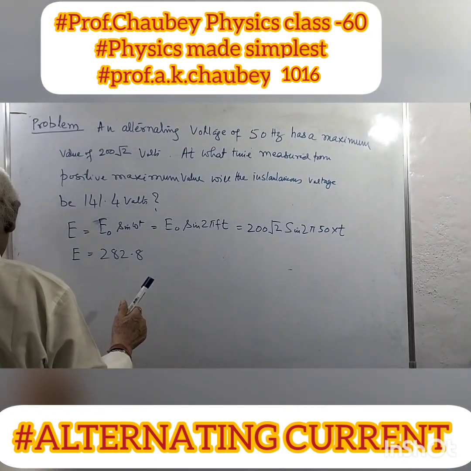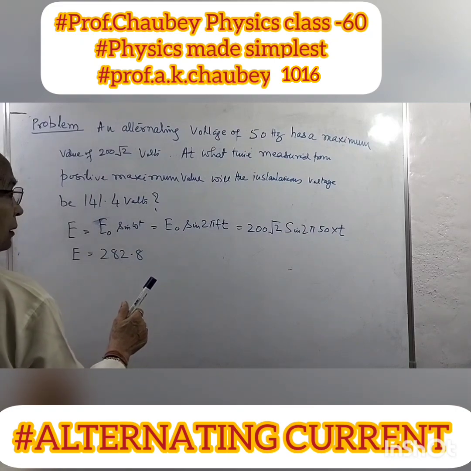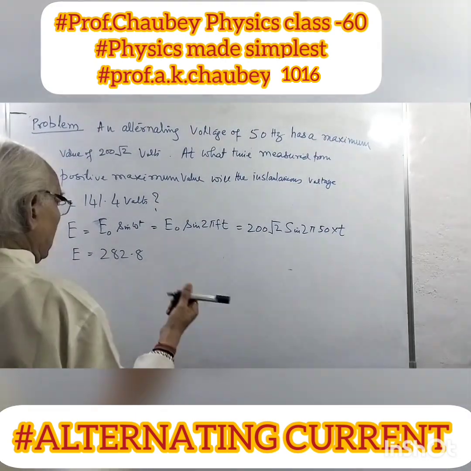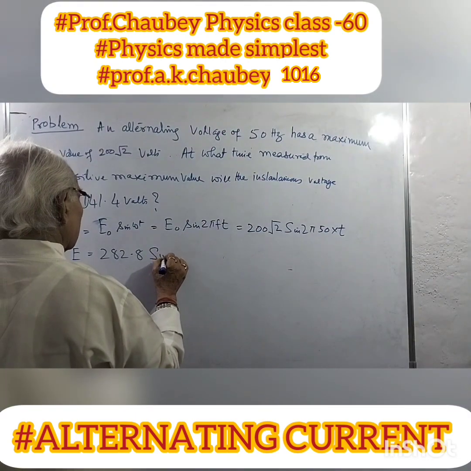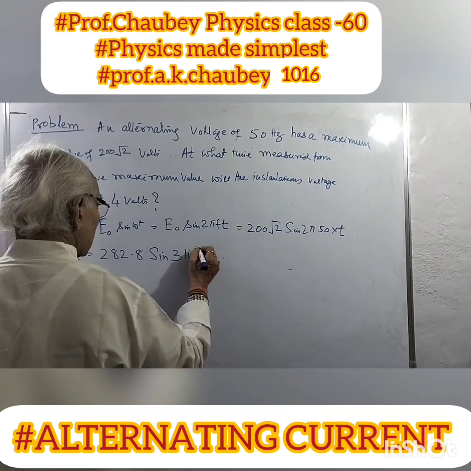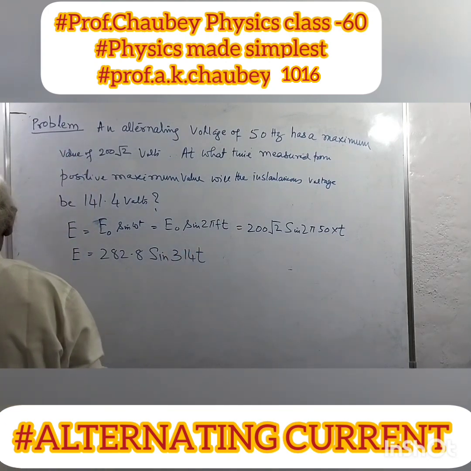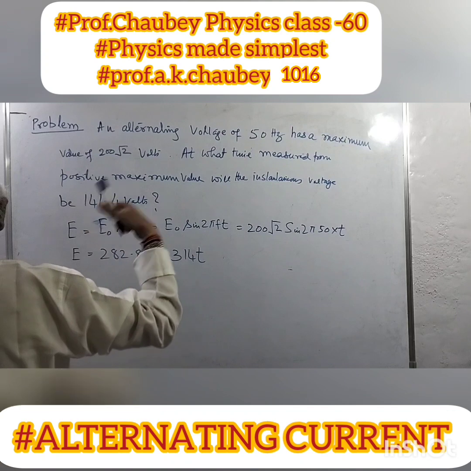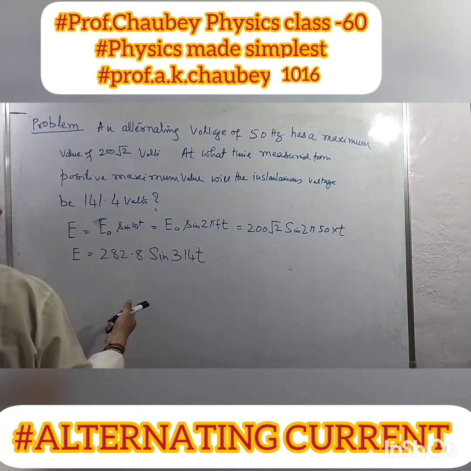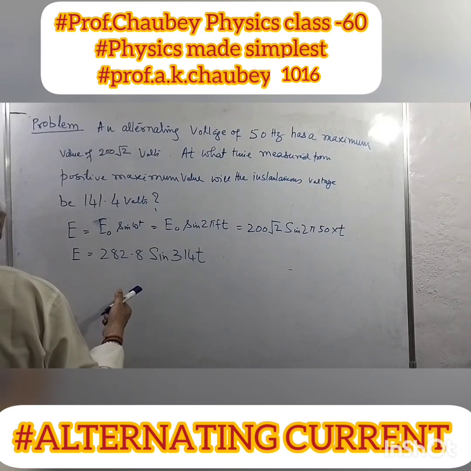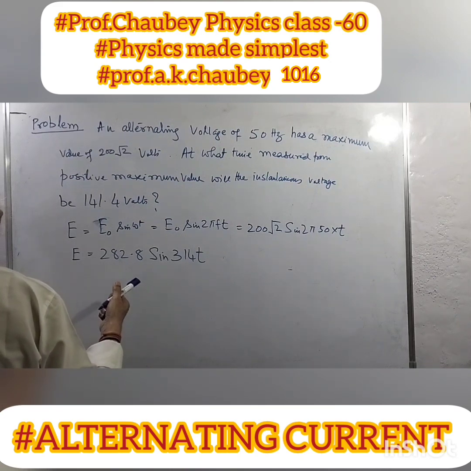So sin 2 pi times 50, with pi as 3.14, gives 314, so E is 282.8 sin 314 t. Now the equation is valid when time is measured from the instant the voltage is zero. So the time is measured from the positive maximum value.